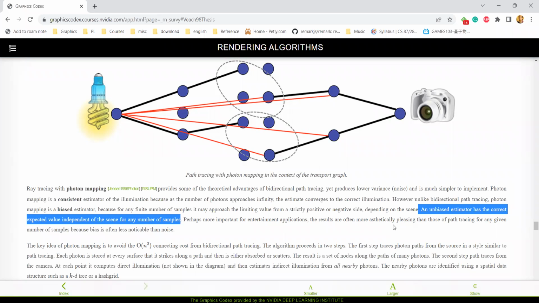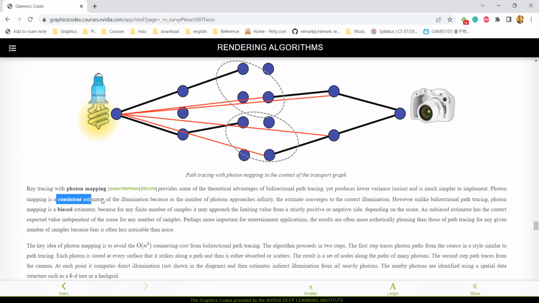That's why we say it's unbiased. But he's saying with photon mapping, that is not the case. It eventually will be correct. That's why he says it's consistent. But if we have one sample, it can be biased toward a certain direction.